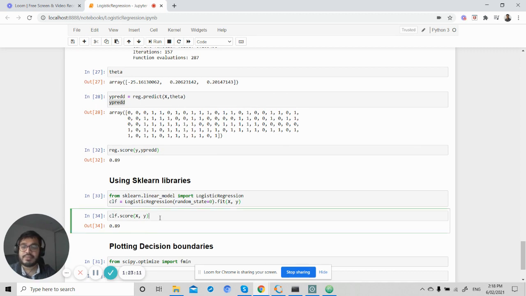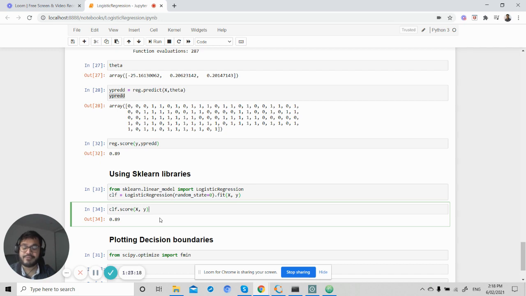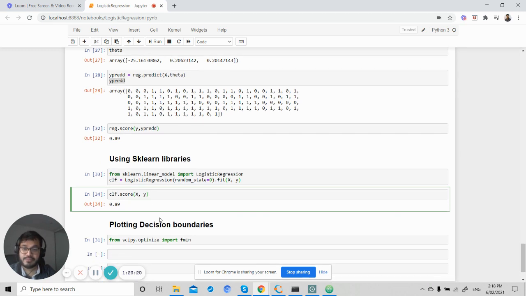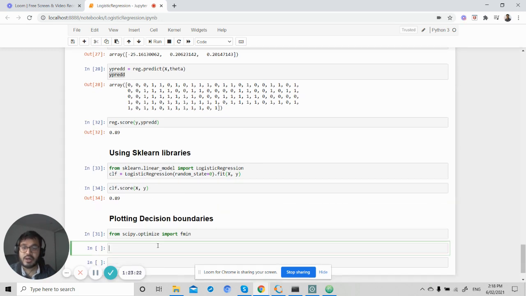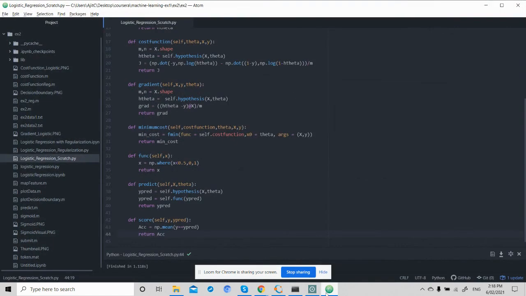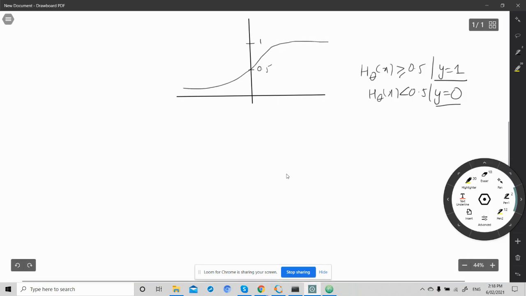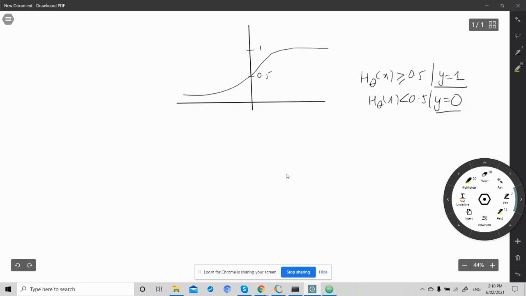So now we will be doing a plot of what we have predicted. So this would be plotting our decision boundary. What we know is, to distinguish this as negative and positive, our boundary value is 0.5.